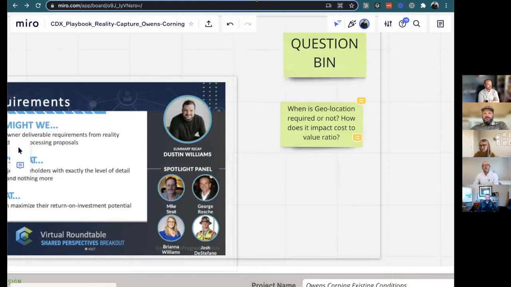Through that process they learned what they should be asking for, which is stuff like this, right? And I think we're at that same cusp of the wave starting to break with reality capture, where owners are starting to understand what it is.